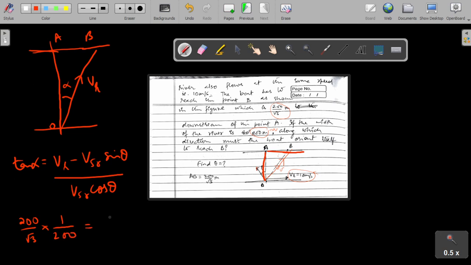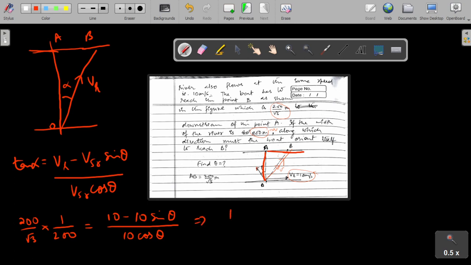Velocity of river is 10 meter per second minus velocity of swimmer with respect to river, which is also 10 sine theta, divided by 10 cos theta.